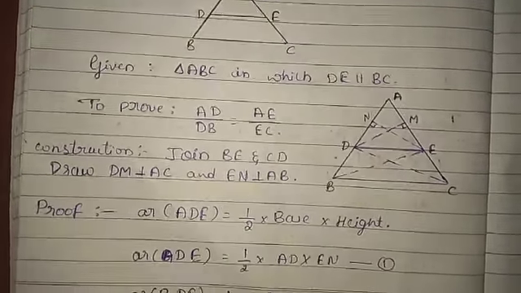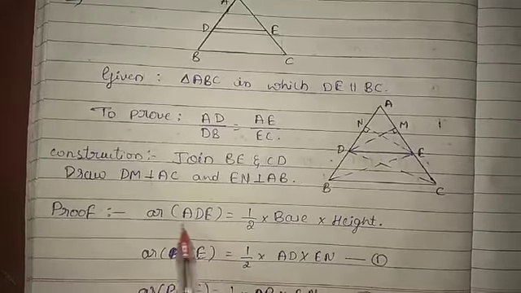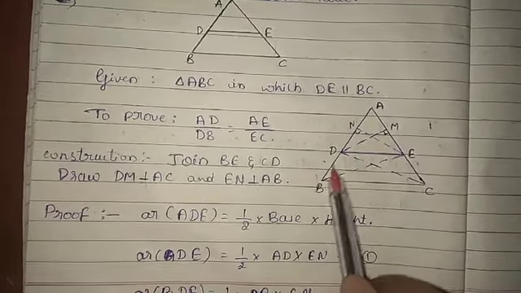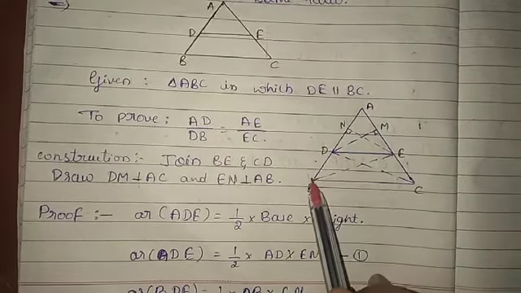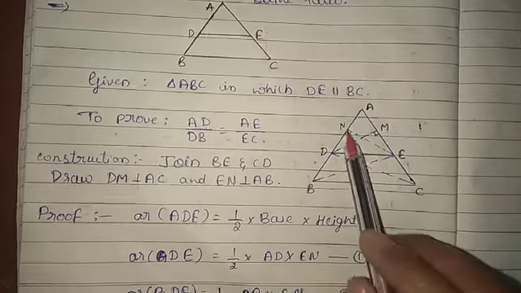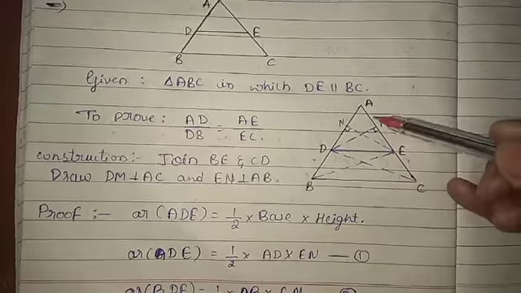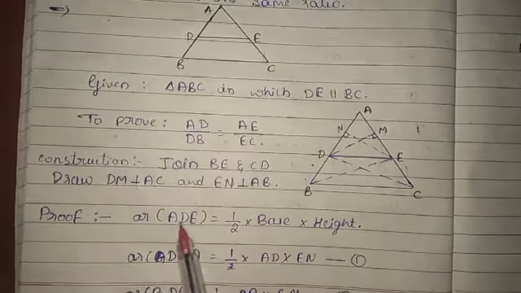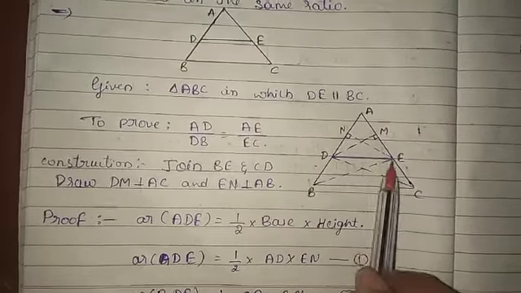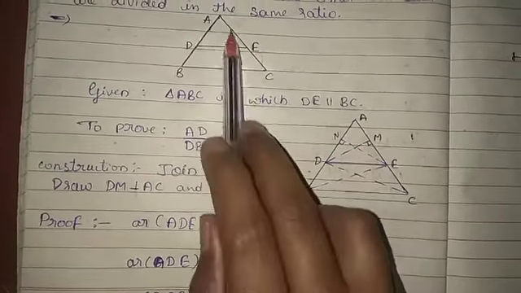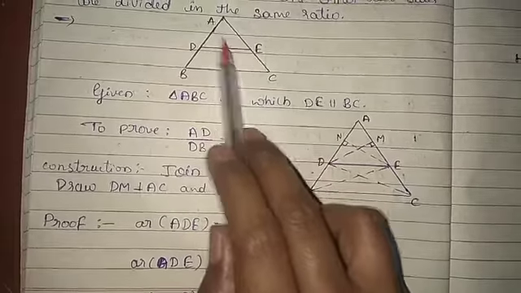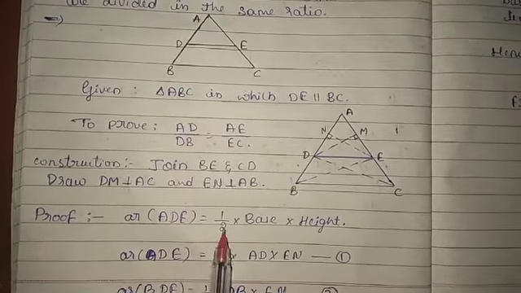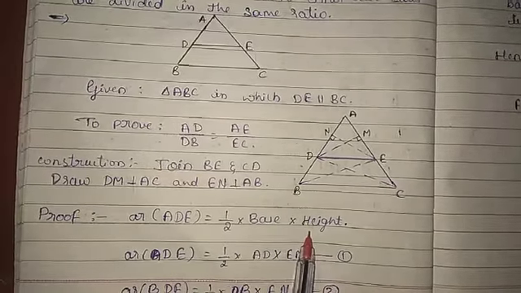How to prove? Take areas. We want these two sides, AD and DB. So take this triangle first, ADE. What is the formula for the area of a triangle? Half into base into height.